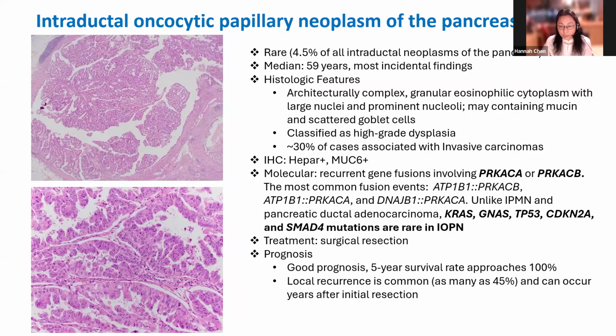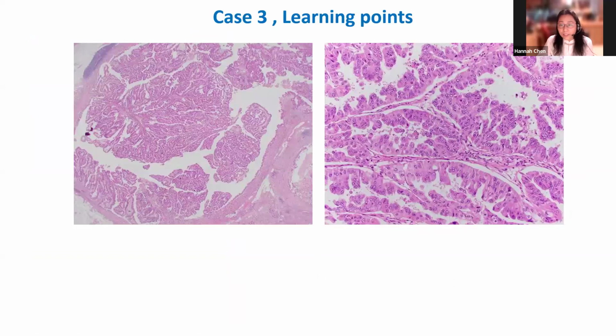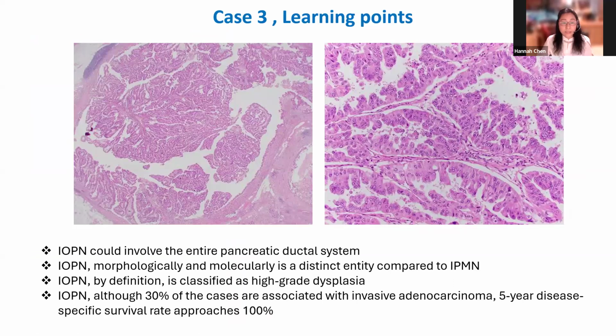Surgical resection is the treatment. Prognosis is pretty good. The 5-year survival rate approaches 100%, but it does have local recurrence in as many as 45% of the cases. So for this case, the learning point is that IOPN could involve the entire pancreatic ductal system.